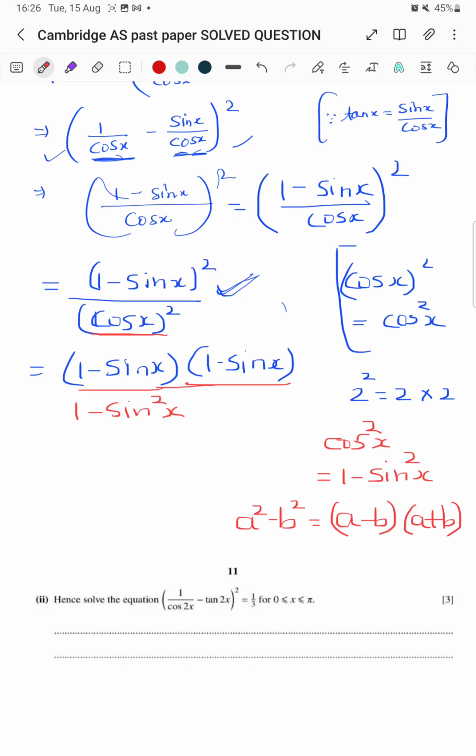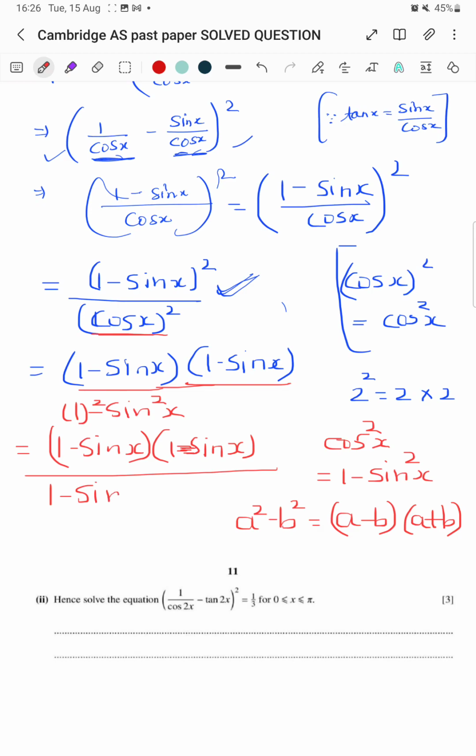So we are going to use that concept. Therefore the numerator is (1 minus sin x) multiplied by (1 minus sin x), divided by 1 squared minus sin squared x, so it will be (1 minus sin x) times (1 plus sin x).